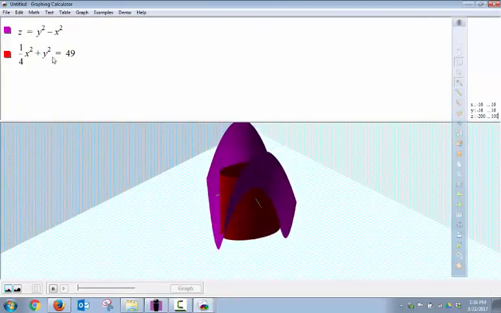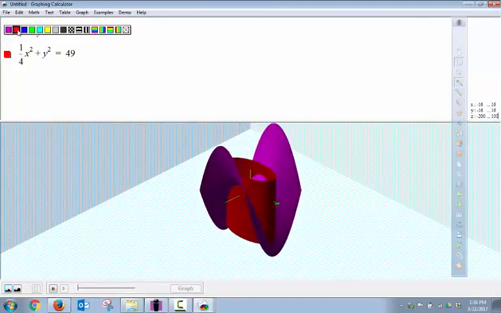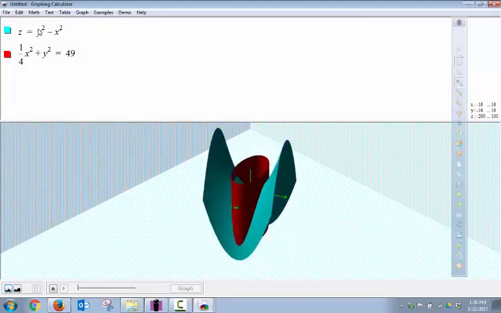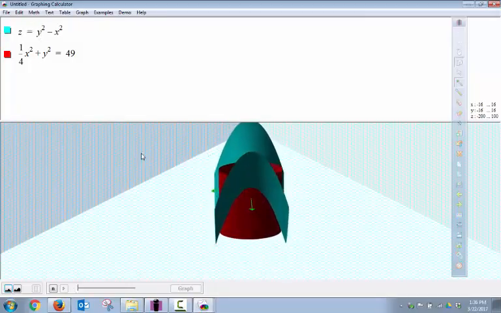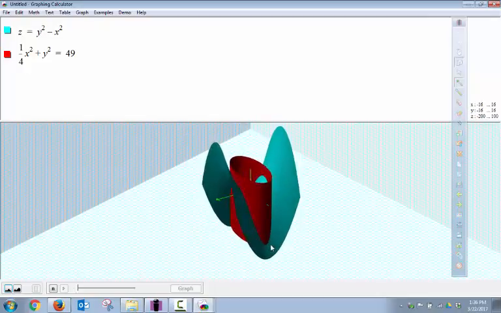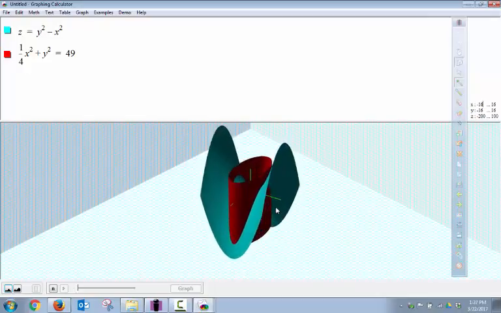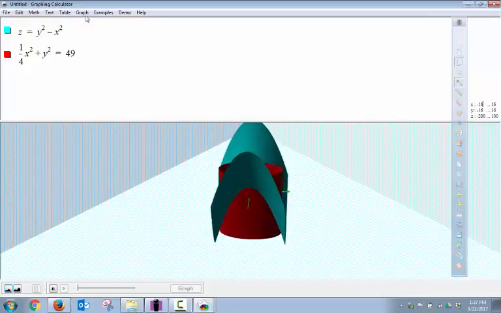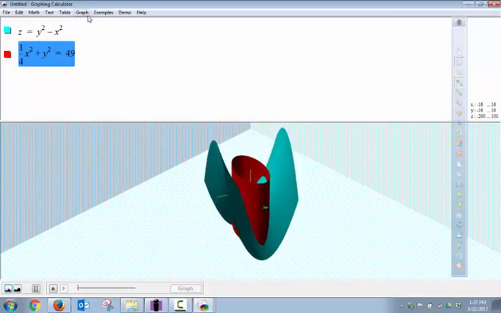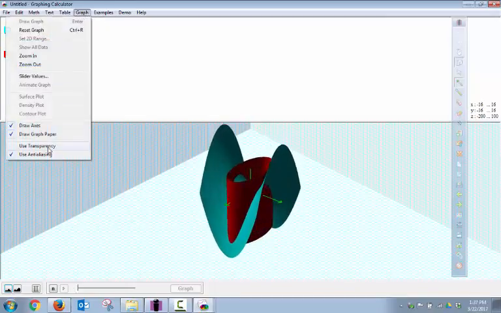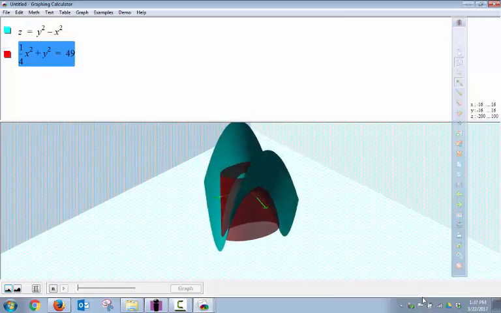So if you look at the different parts of this, let's make this one lighter. You can kind of see those parabola highs and lows of where they would intersect. Let's see if we can make this clear, transparent. You see the same thing.